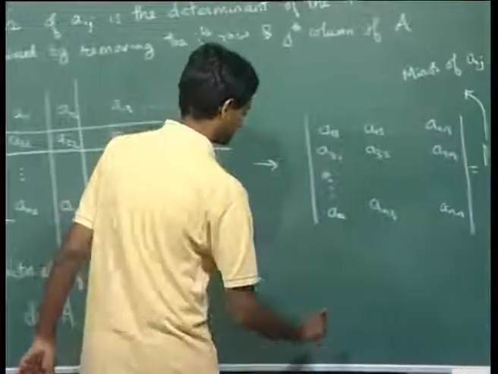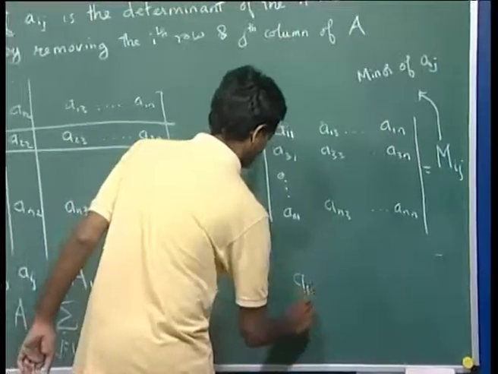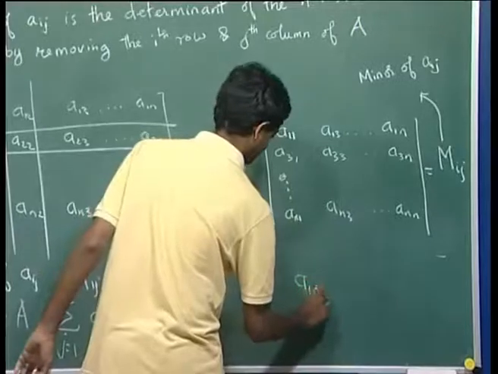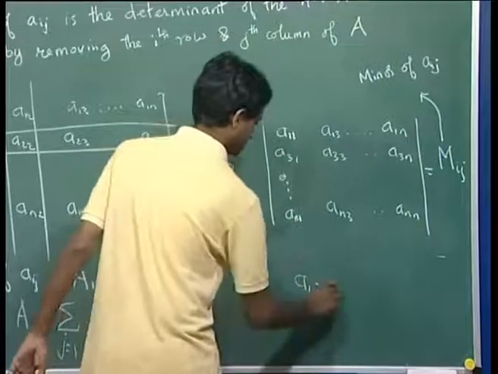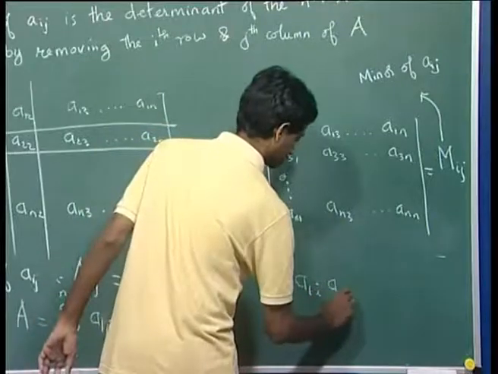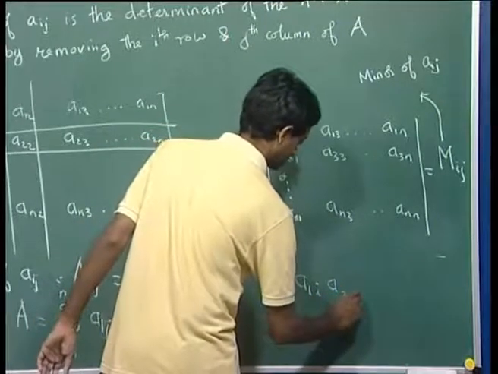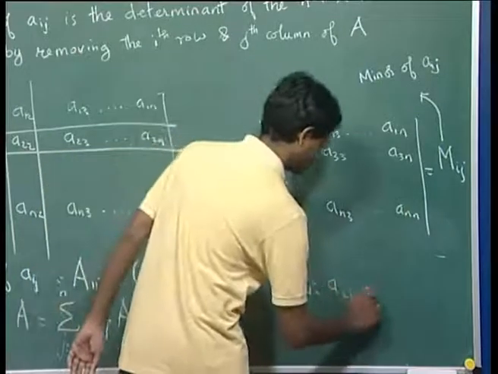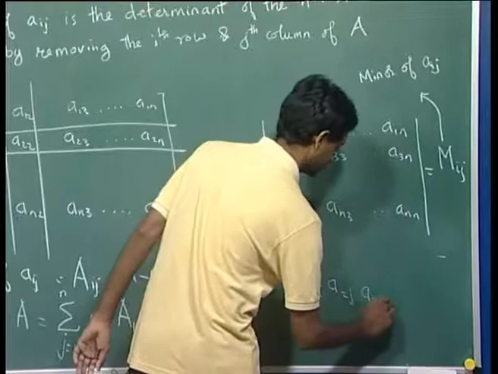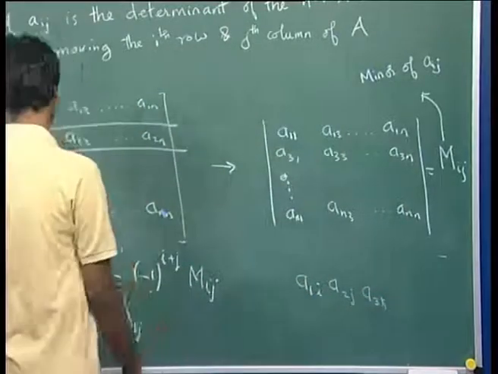So each term in the determinant looks like A1i, with some element i from the first row, A2j, second row and some element j which is not equal to i, and then A3k where k is not equal to i or j.